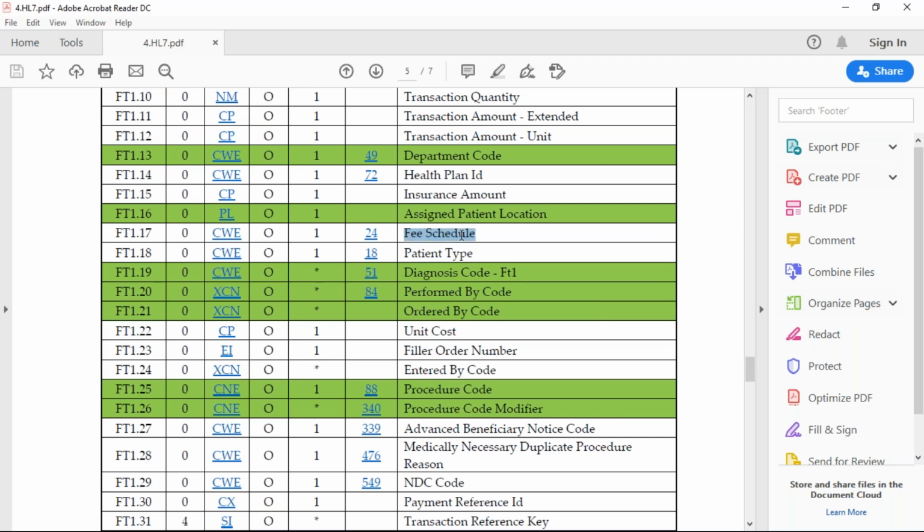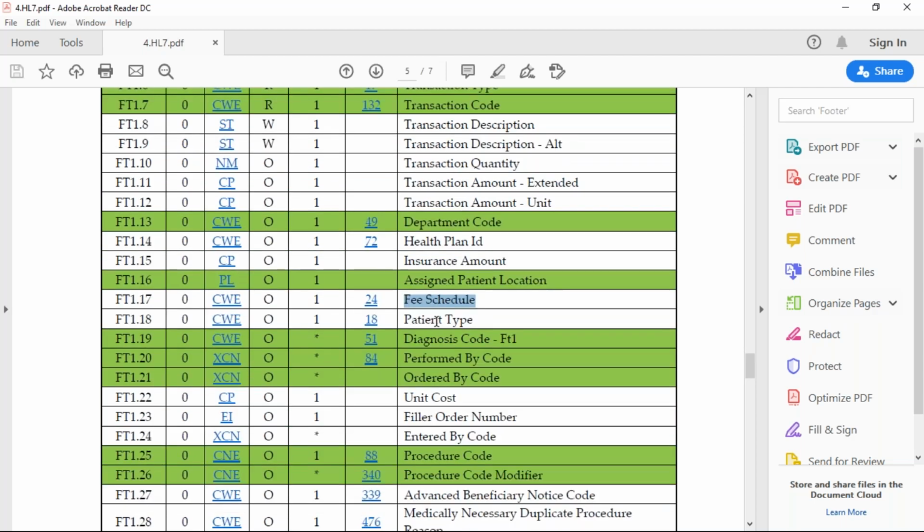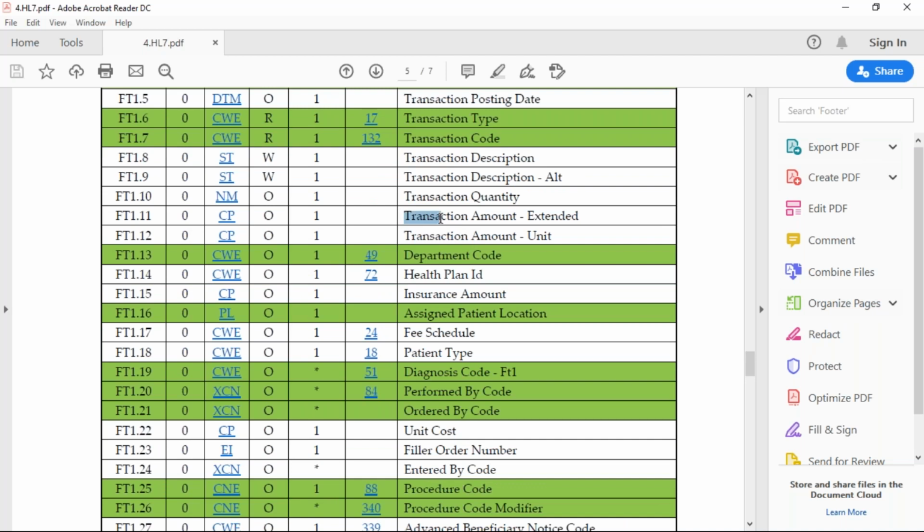In FT1 17, you might be sending the fee schedule. And the FT1 11 and 12 fields will usually be used to send out the charge related information, of how many dollars or rupees it is costing. But there is a key catch here.